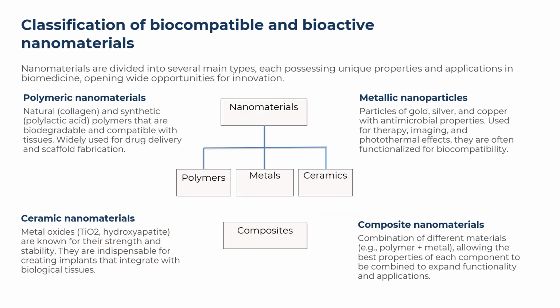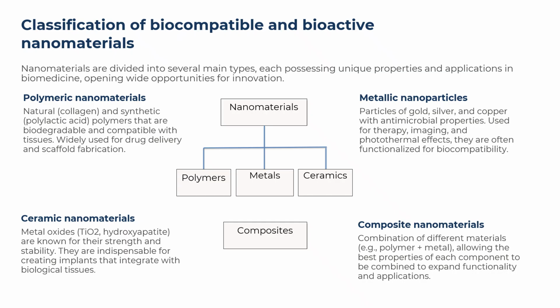Classification of biocompatible and bioactive nanomaterials. Nanomaterials are divided into several main types, each with unique properties and biomedical applications, opening broad opportunities for innovation. Polymeric nanomaterials: natural, such as collagen, and synthetic, such as polylactide polymers, that are biodegradable and tissue compatible, widely used for drug delivery and creating scaffolds.